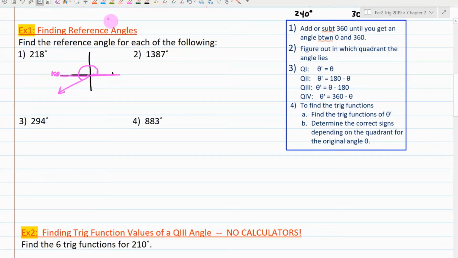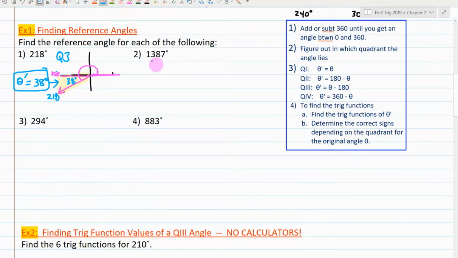And so my reference angle will be in the third quadrant. So I would like you to put where your reference angle is in quadrant 3. And if this is 218 and that's 180, then the reference angle here is 38 degrees. Okay, so the reference angle, 38 degrees. And we're talking about this one.